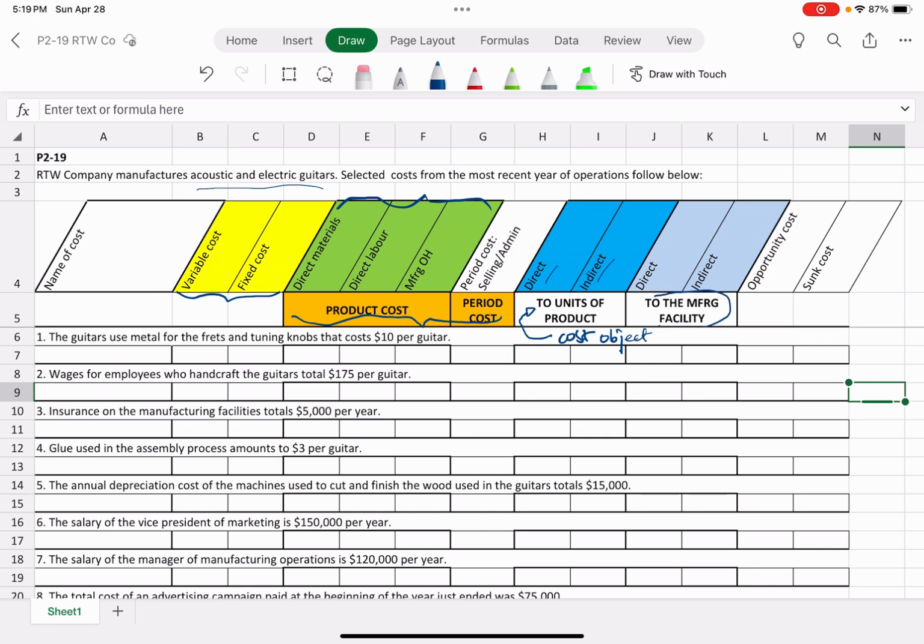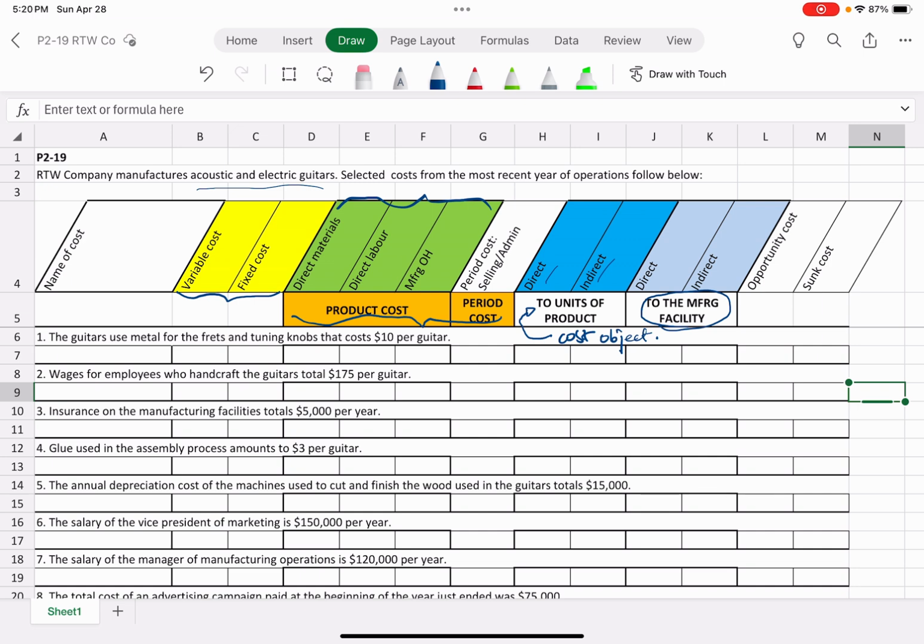This one here, the manufacturing facility, is just an extra one I've added so that you can see that some costs, for example, could be indirect to the units of product, but are direct to the manufacturing facility. So again, the categorization hinges on the cost object that we're considering when we're making the classification.